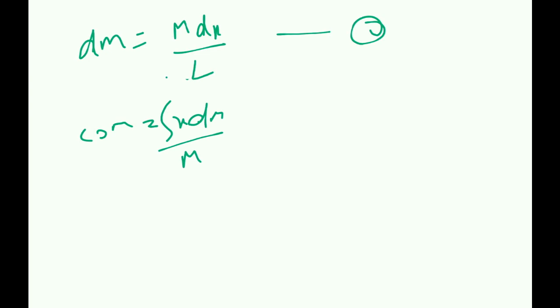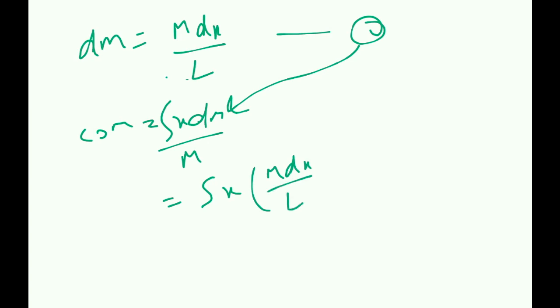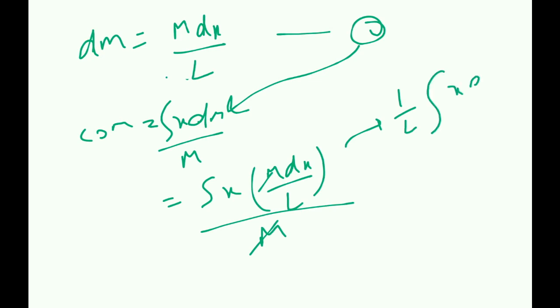And so we're going to use this relation 1 and put it here. So what does that give us? Integration of x into m dx by L, by m. This m and this m can get cancelled. L is a constant, so it comes out. So what are we left with? 1 by L integration of x dx.